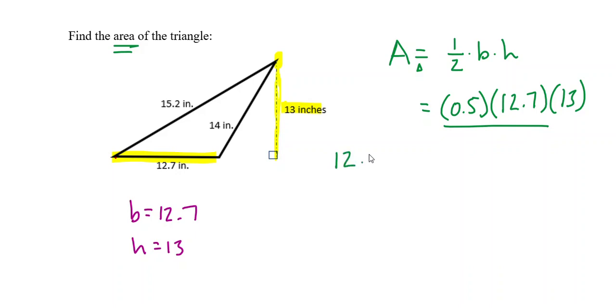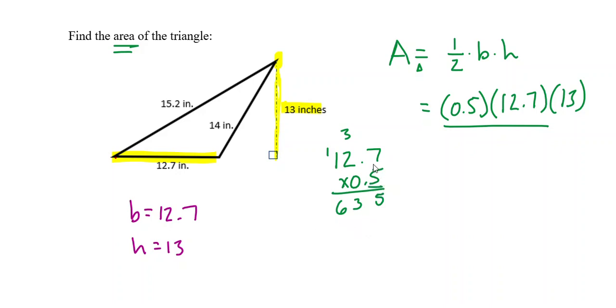So 12.7 times 0.5. 5 times 7 is 35. 5 times 2 is 10, plus 3 is 13. And 5 times 1 is 5, plus 1 is 6. And then 0 times everything is 0, so this is just going to be 0 plus 635 is 635.